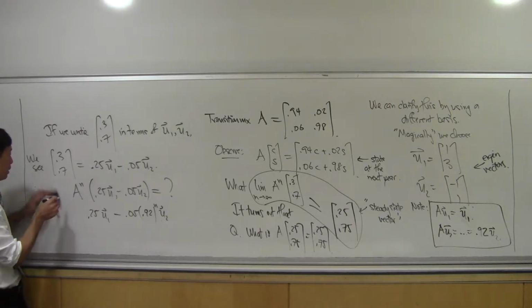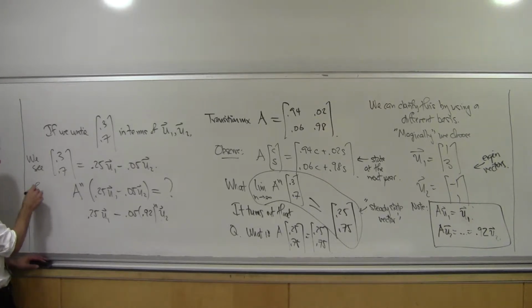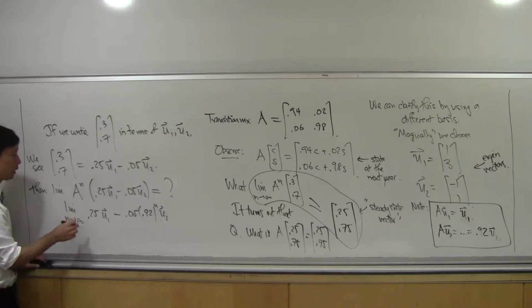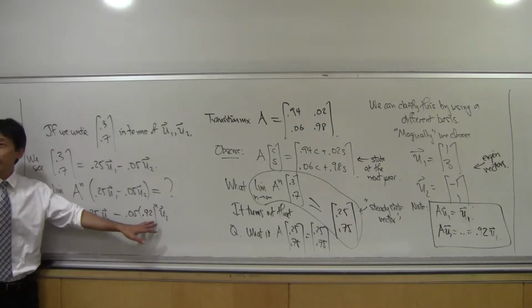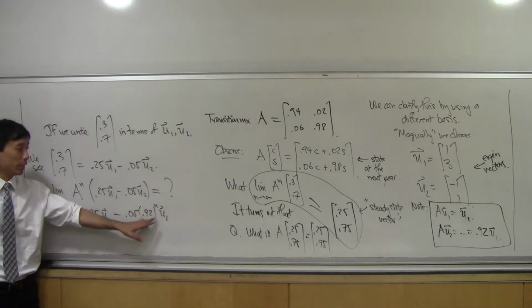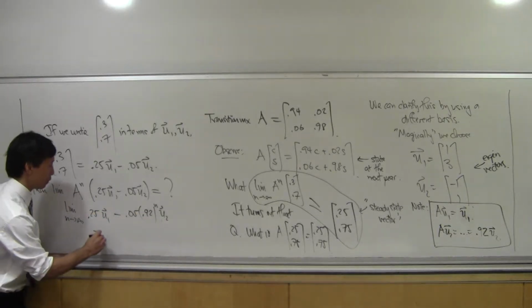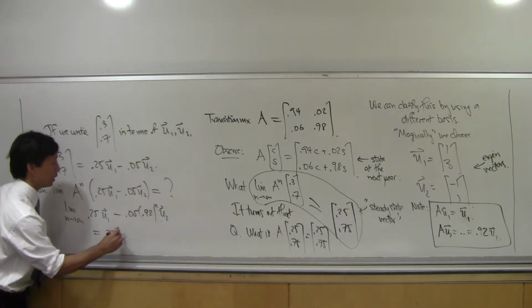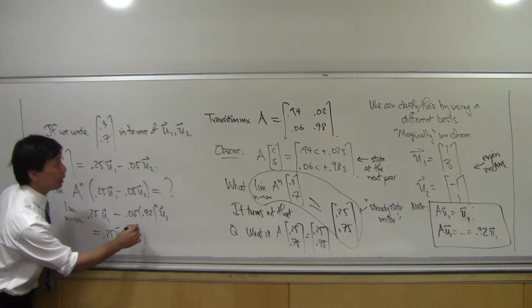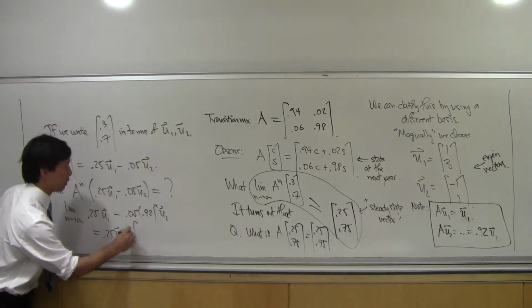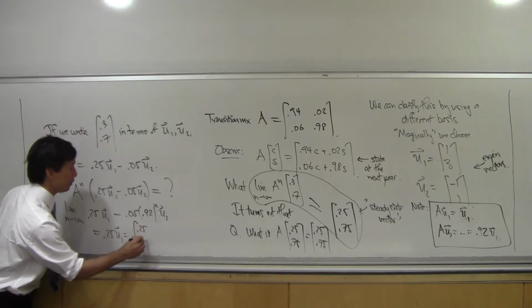So if we take the limit as n goes to infinity, the second thing vanishes, because as n goes to infinity, this thing is going to go to 0, and we end up with 0.25 of U1. But 0.25 of U1 is 0.25, 0.75.